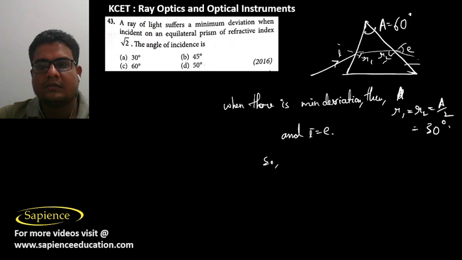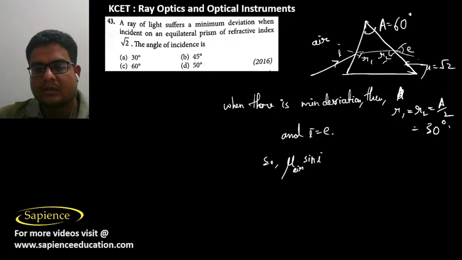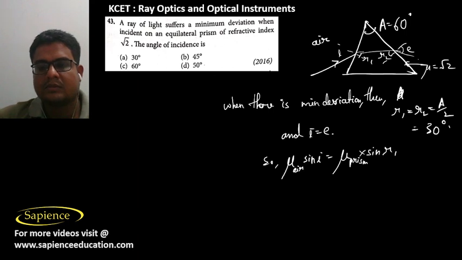And the refractive index of the prism is √2. If I apply Snell's law here, outside there is air. So refractive index of air into sine I is equal to refractive index of the prism into sine R1.